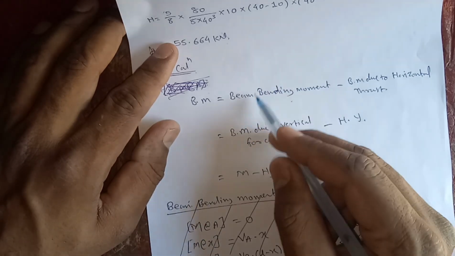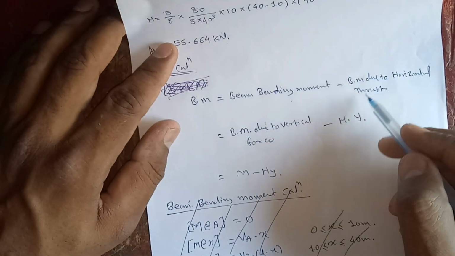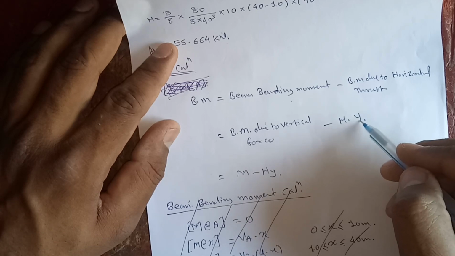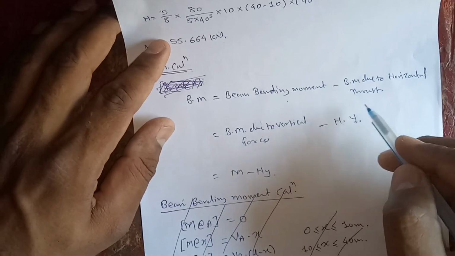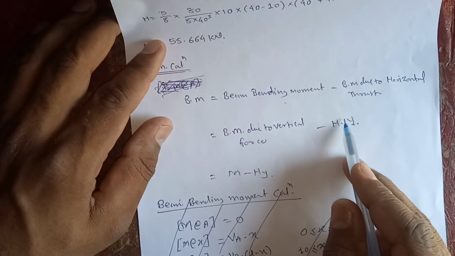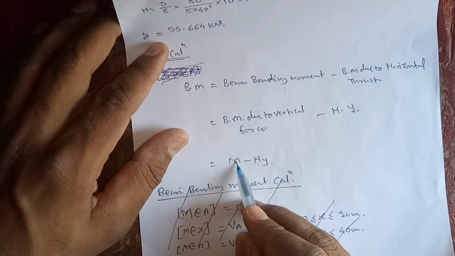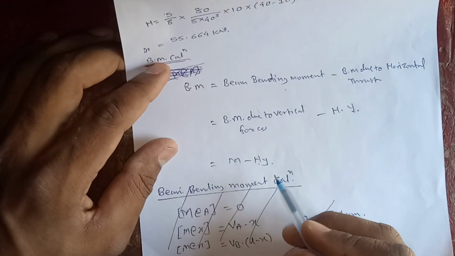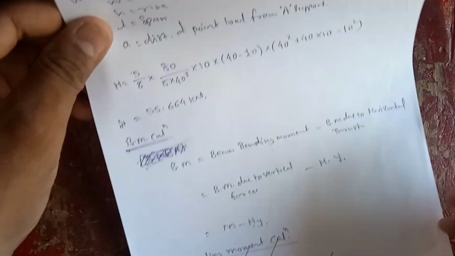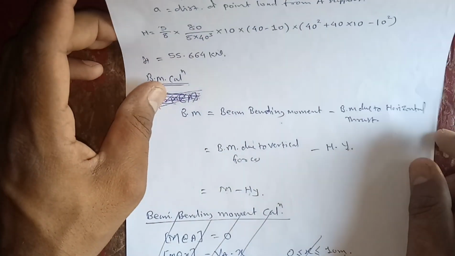This portion follows that, whereas in this portion H is constant and it depends on y, where y is a function of x, following a parabolic path. So this is also a parabola. So M minus H y, where M is the beam moment and H into y. This is the equation by which we can calculate the bending moment.